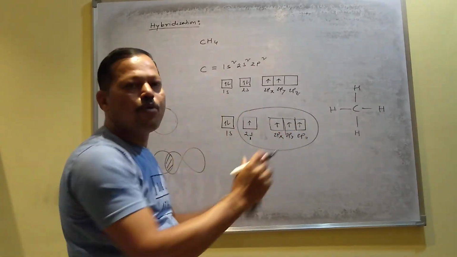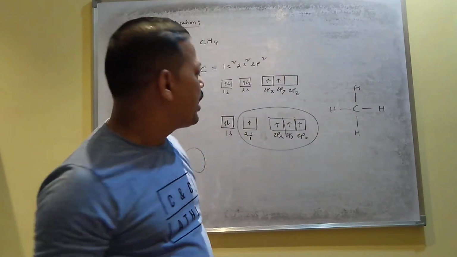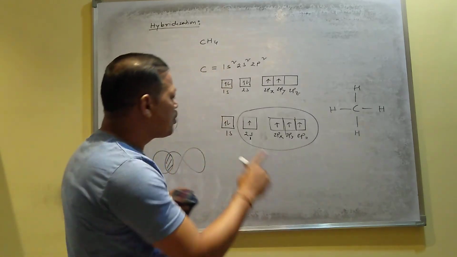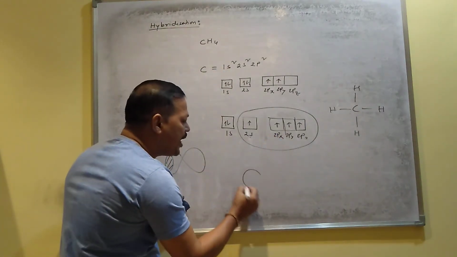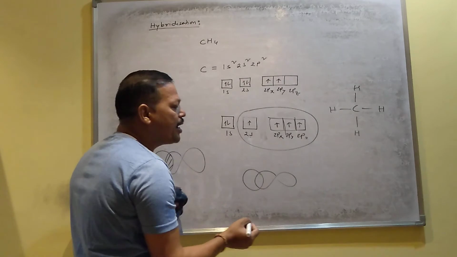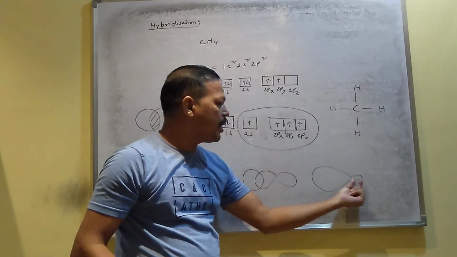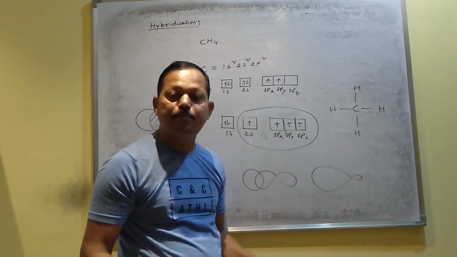And this mixing of orbitals is called hybridization. After mixing, they will produce some hybrid orbitals. Since s is combined with p like this, the shape of the hybrid orbital will be like this. One lobe will be larger, another lobe will be smaller. These are called hybrid orbitals.